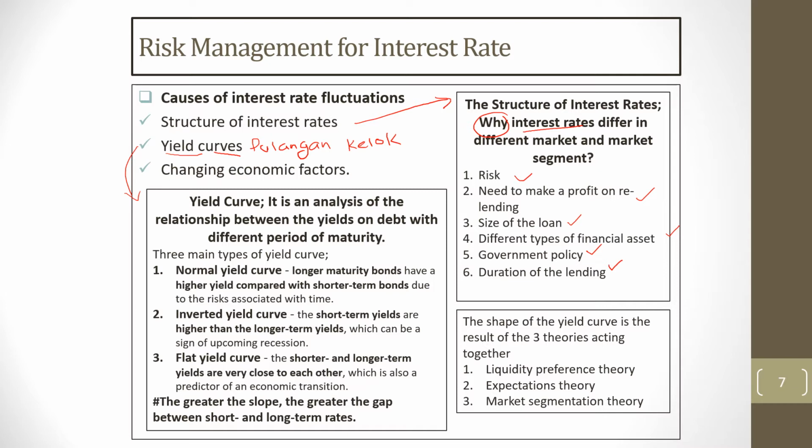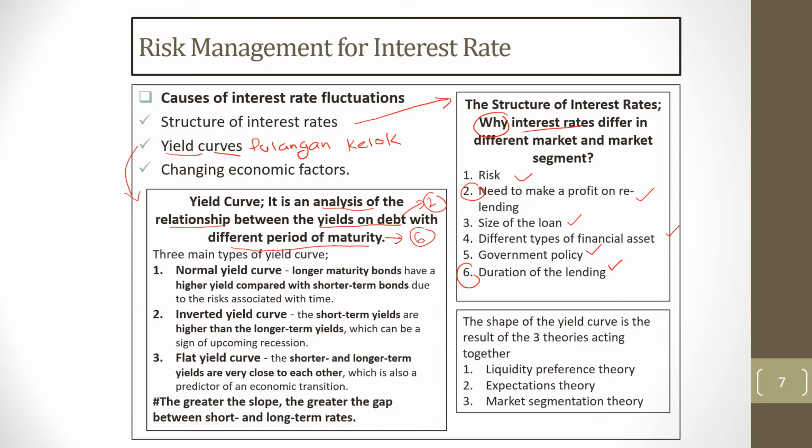So, basically it is an analysis of the relationship between the yield on debt with different period of maturity. Okay, so yield on debt adalah pulangan daripada hutang. So, it means that yield is number 2 and the different period of maturity is number 6. Okay, so itu adalah relationship. Kita nak tengok different period of maturity dengan pulangan daripada debt.